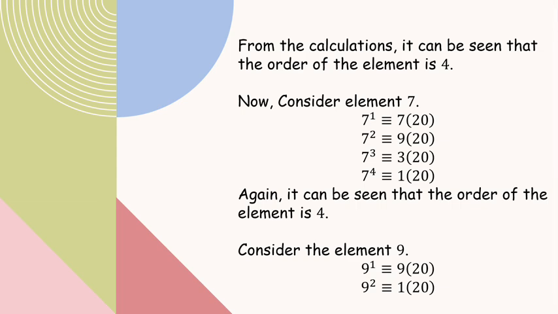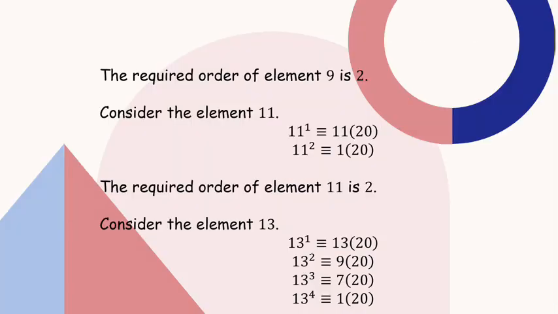Consider the element 9. 9^1 is congruent to 9 mod 20. 9^2 is congruent to 1 mod 20. The order of element 9 is 2. Consider the element 11. 11^1 is congruent to 11 mod 20. 11^2 is congruent to 1 mod 20. The order of element 11 is 2.